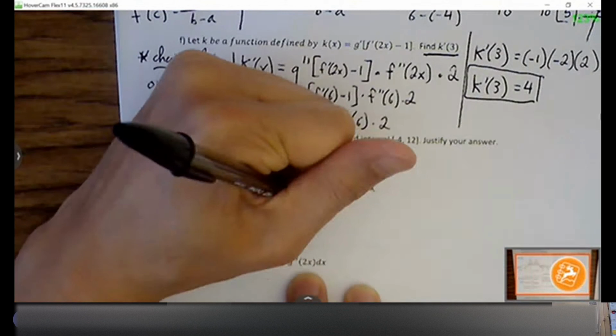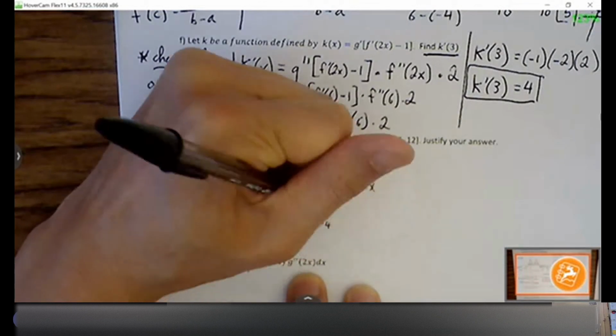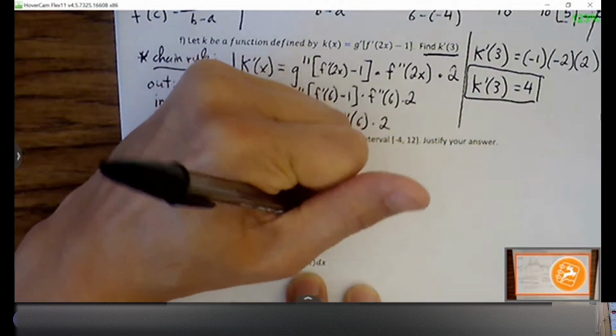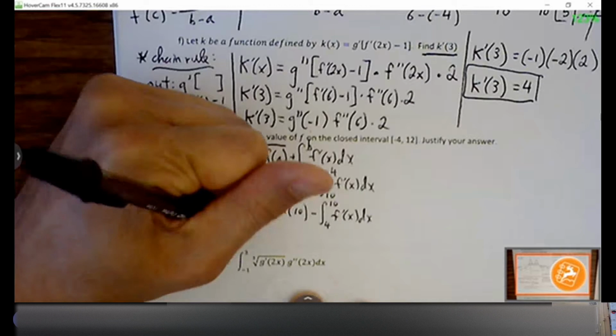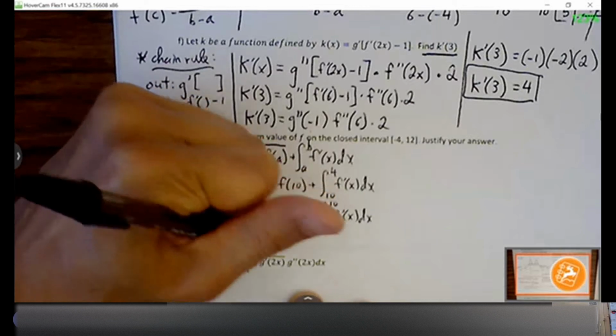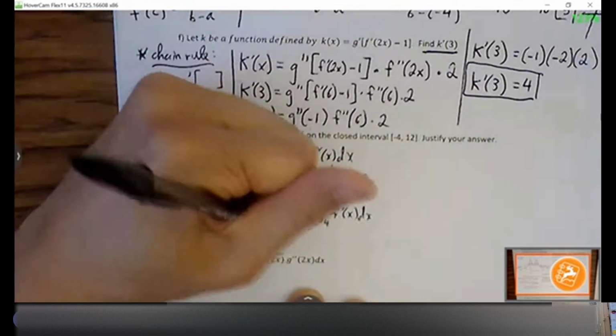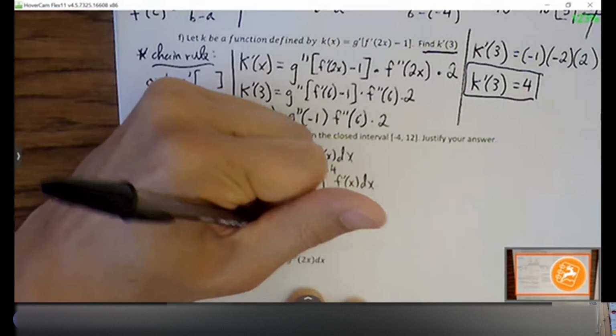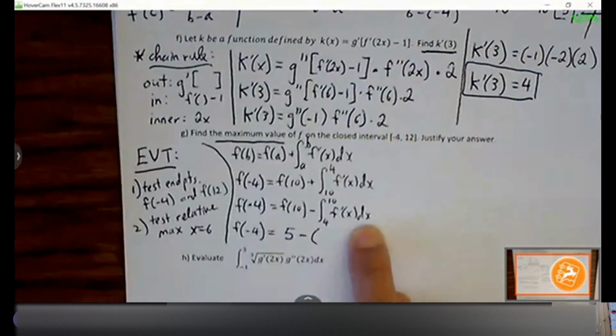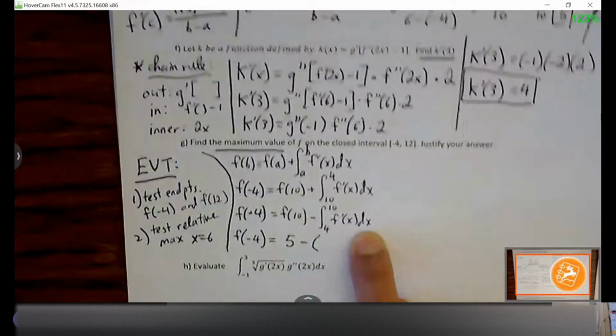So now I'm going to change the bounds from 4 to 10 so I can read my graph in a straightforward way. And I just total all the region that I see from 4 to 10.